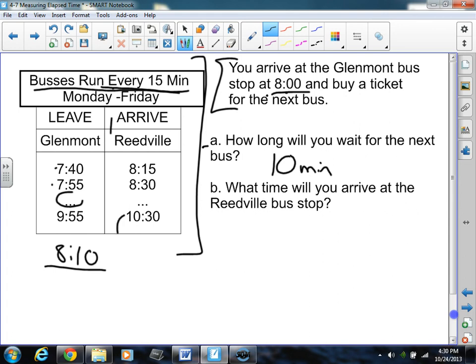So now I'm looking at the arrive portion here. So I see 8:15, 8:30, and I'm simply going to add another 15 minutes. So 8:30 plus 15 is going to be 8:45. So you will arrive at the Reedville bus stop at 8:45. I simply use the bus schedule to figure all that out.